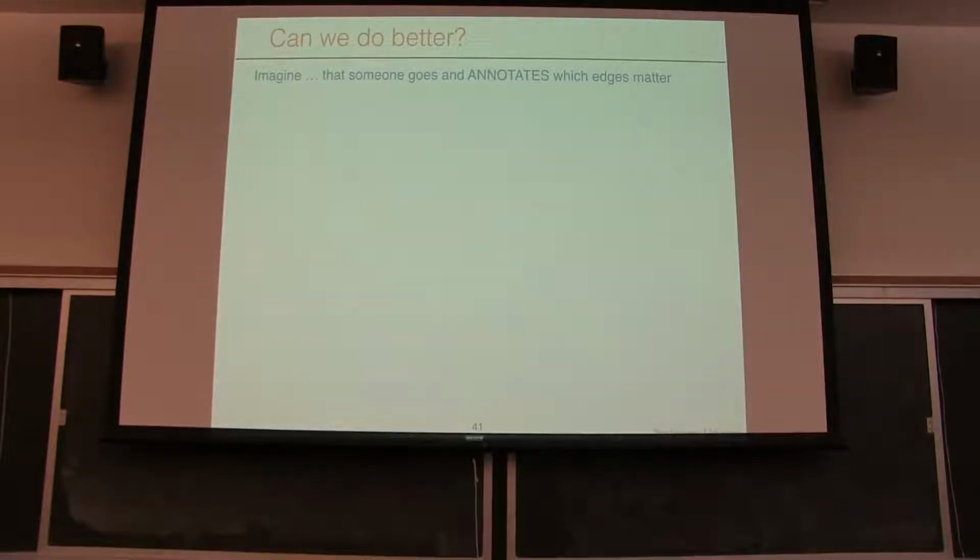Well, they actually recruited a lot of people. They didn't. It was already done for them before. But to annotate what edges are important. Okay? There's a lot of work, but it has been done.